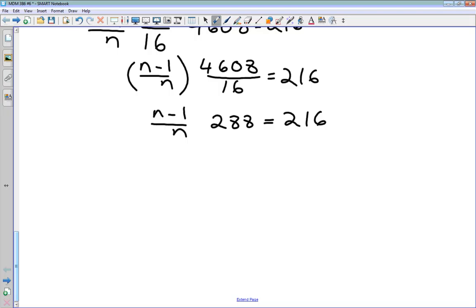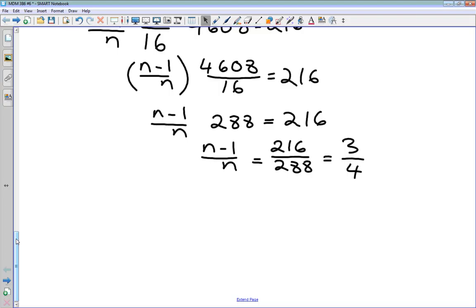If we divide both sides by 288, n minus 1 over n equals 216 divided by 288. And if we express that as a fraction in lowest terms, 3 over 4. Now we've got something we can solve for n.